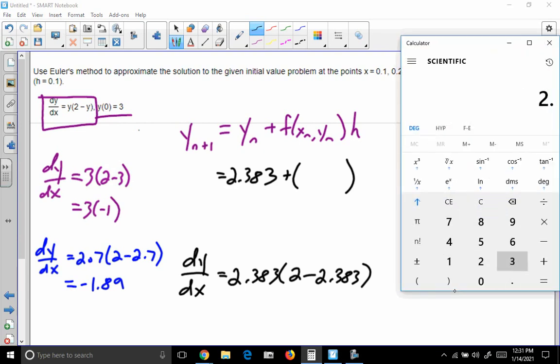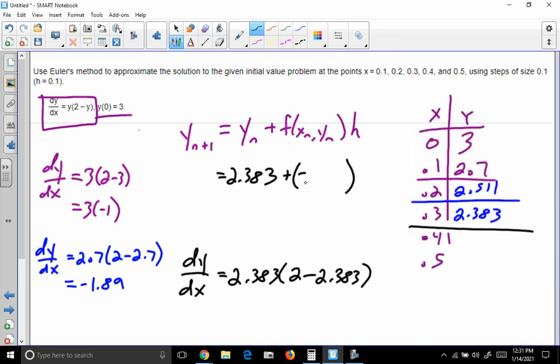So a lot of calculator work here. So we get negative 0.913, and then our delta x is 0.1.